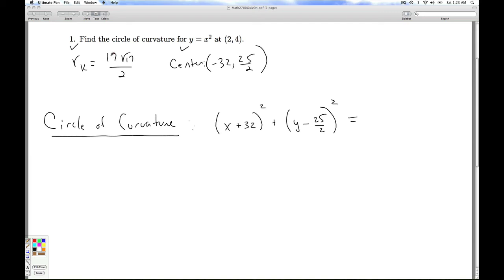So what do I get when I square this? I get 17 times 17, radical 17 times 17, 2 times 2. So I'm going to get 17 cubed over 4. And that's our circle of curvature.